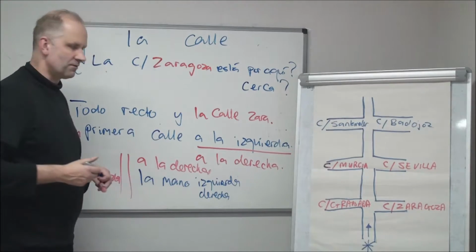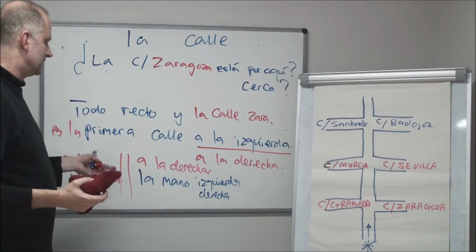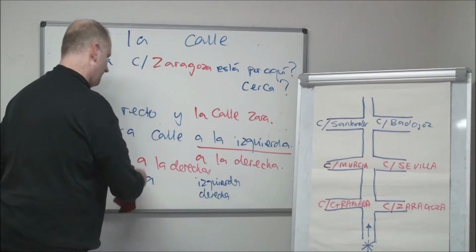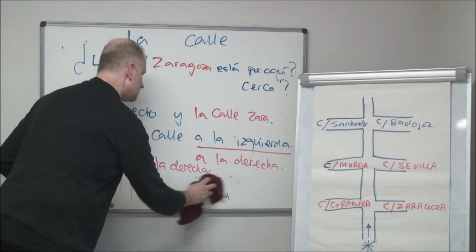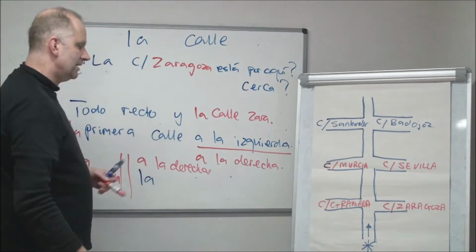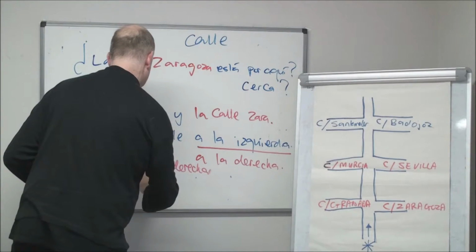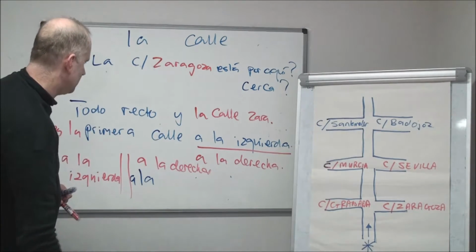So basically the left or right hand side. But even most of the time you don't really ever say la mano izquierda. You just say a la izquierda, a la derecha. But it remains feminine even when you're taking out the word. So a la izquierda, a la derecha.